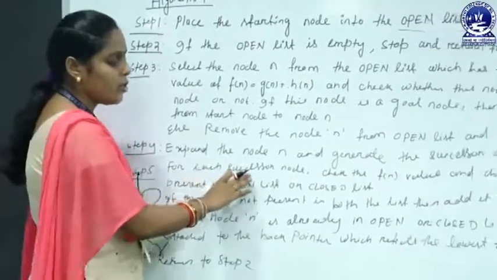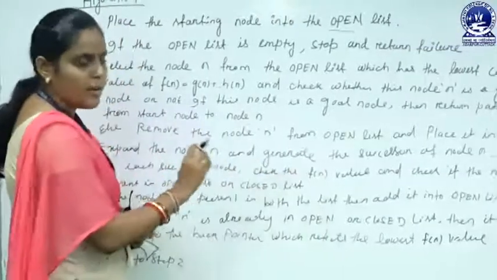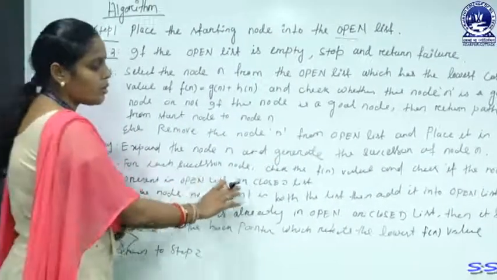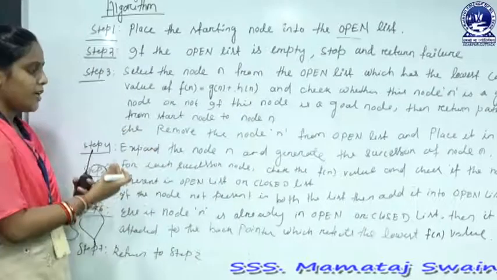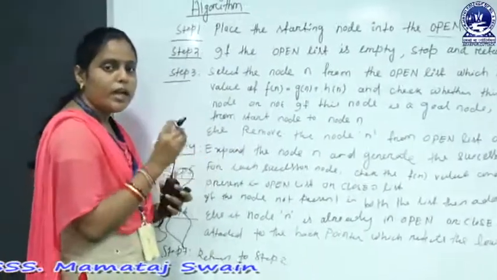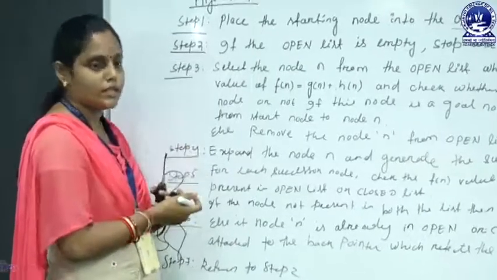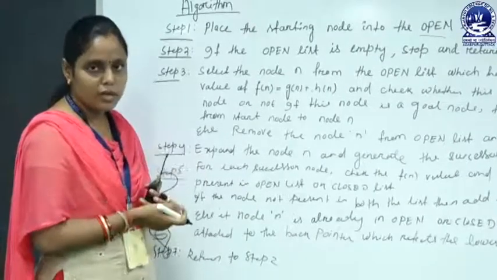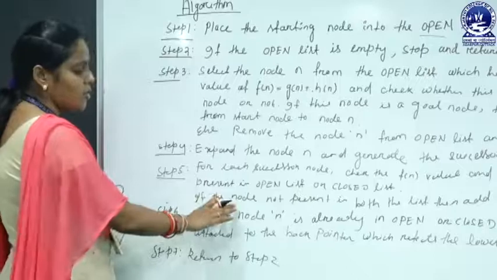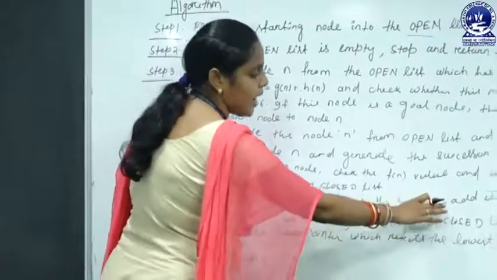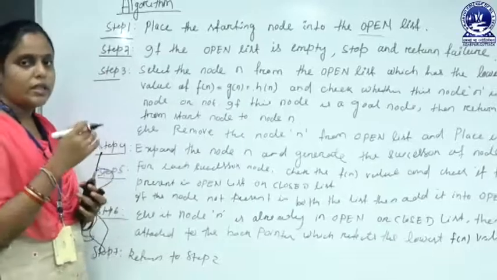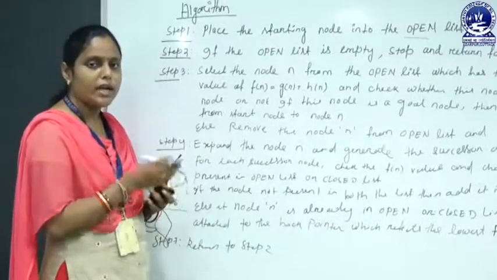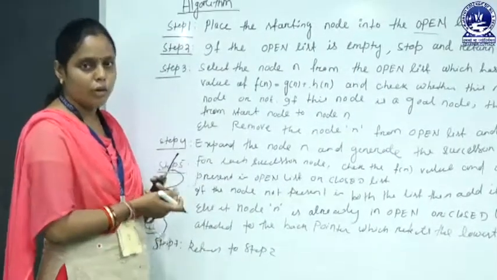For each successor node, check the f(n) value, that is the evaluation function value, and check whether that node is present in the open list or closed list. If the successors are not present in either list, then we add them into our open list.